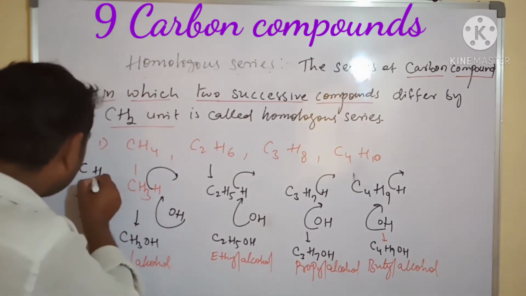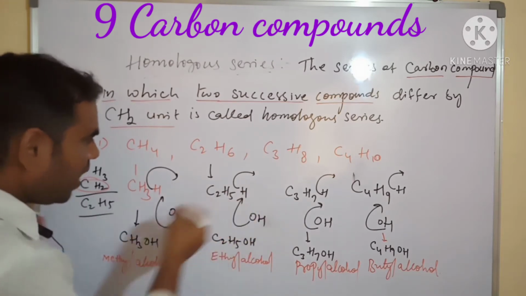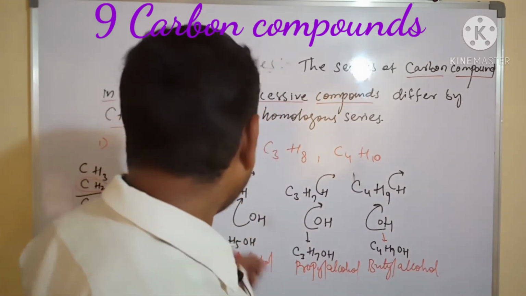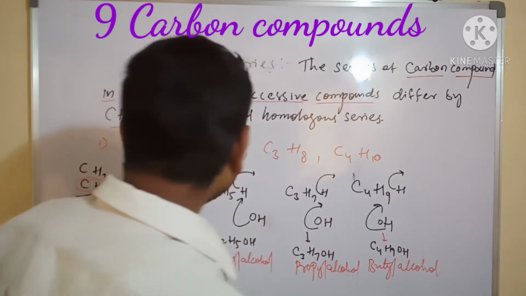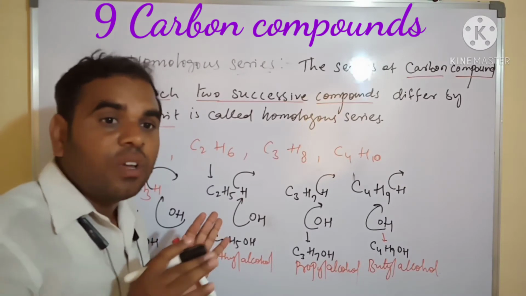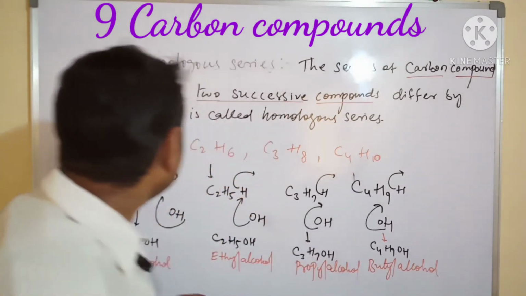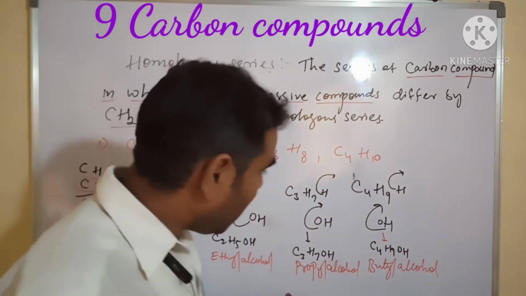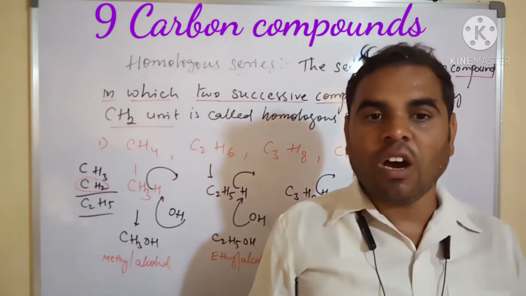Here also propyl and alcohol: only a CH2 unit difference. We call these methyl alcohol, ethyl alcohol, propyl alcohol, butyl alcohol.